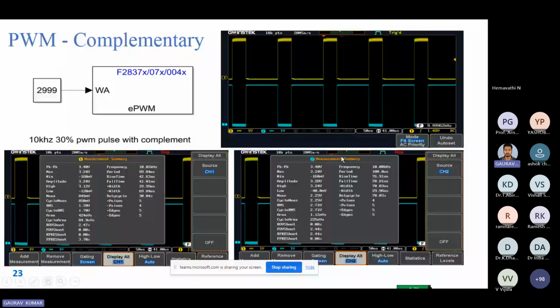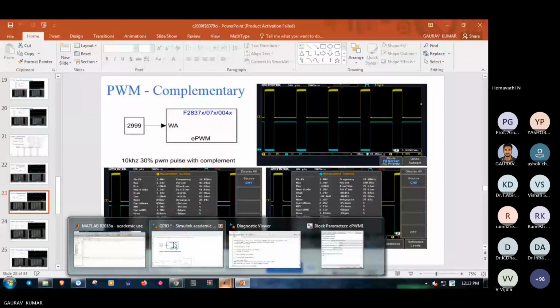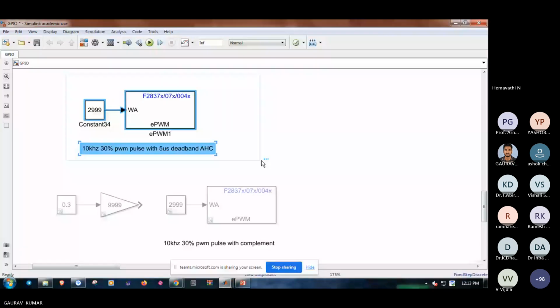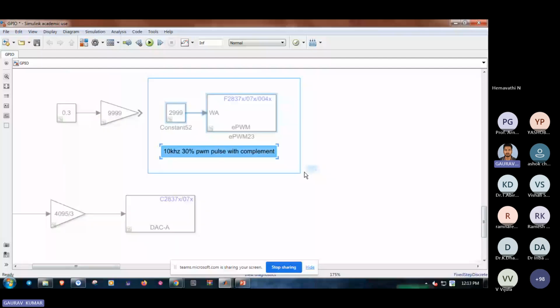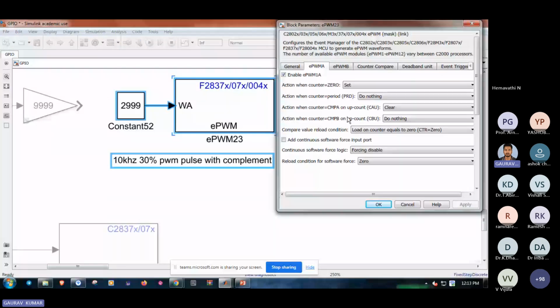Now the next slide, PWM entry. We want to generate the PWM entry. Same thing here, set according to the action, EPWMB.